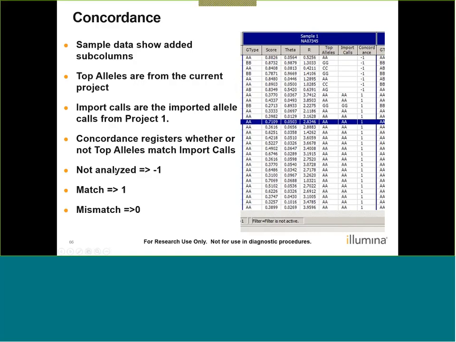If it's a SNP that was not overlapping and it wasn't analyzed, then you'll see a -1. And if there's a mismatch, you'll see a 0 in the concordance column. You can then sort by concordance and analyze those which have mismatches to see if you can explain or figure out why those are not concordant.